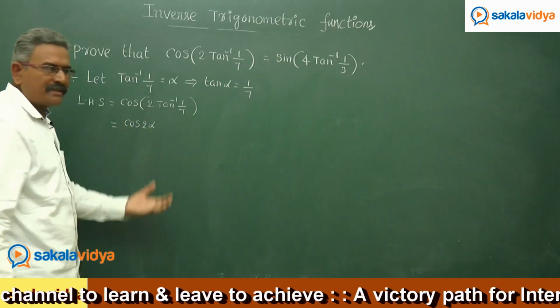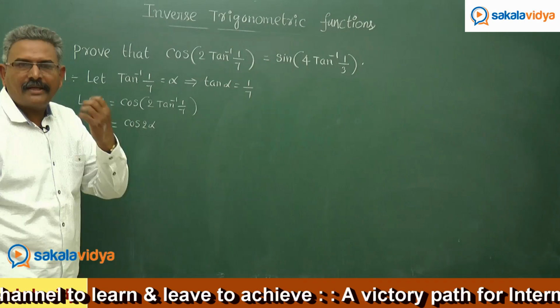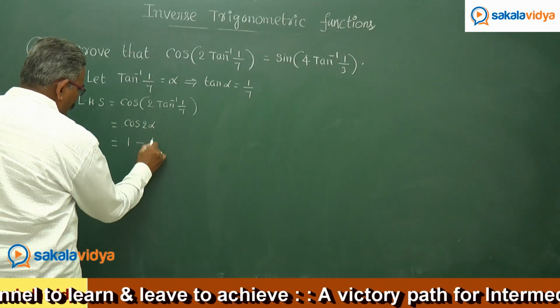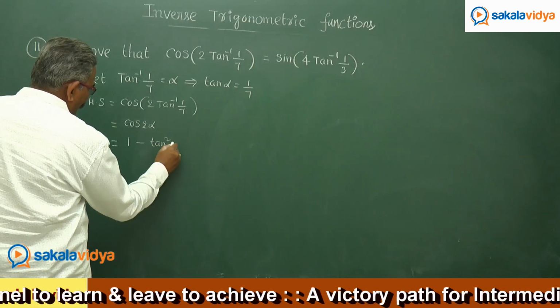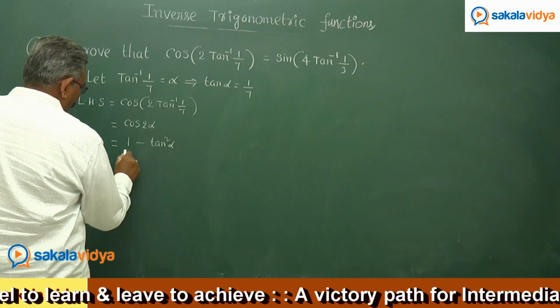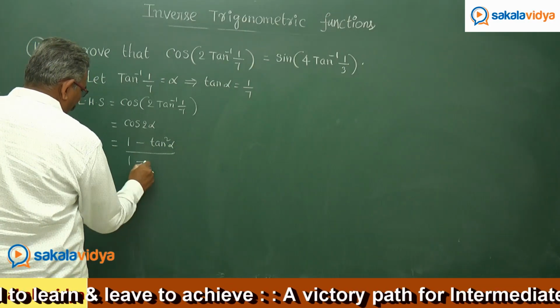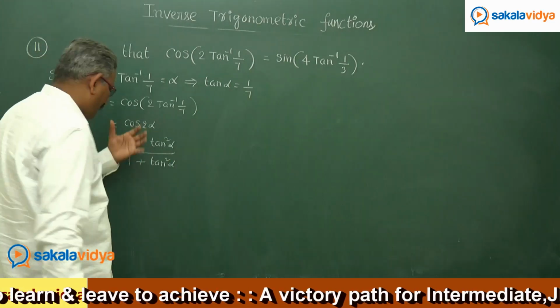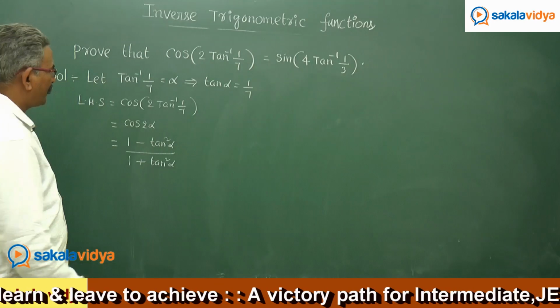Now let us express cos 2 alpha in terms of tan alpha. So that is equal to 1 minus tan square alpha by 1 plus tan square alpha.